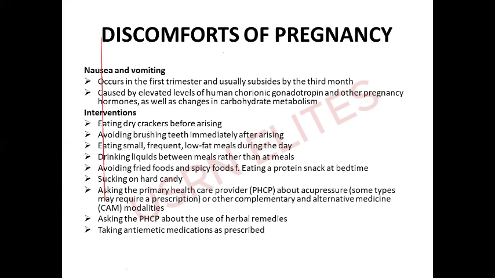Then they will also have to eat small frequent meals. And I always say that eating small frequent meals for any condition in NCLEX is the correct answer you should choose if it has to do with diet and how a client has to eat.